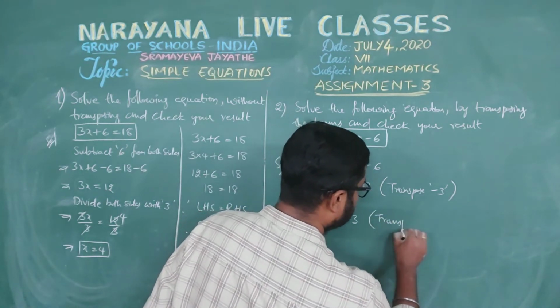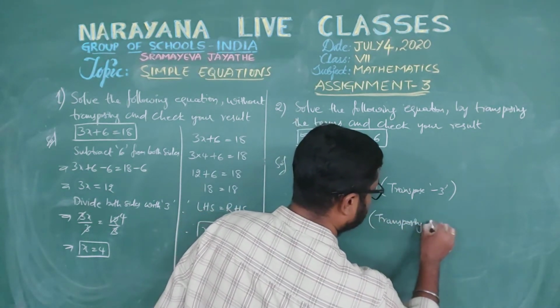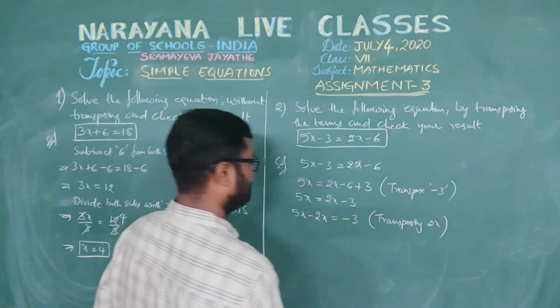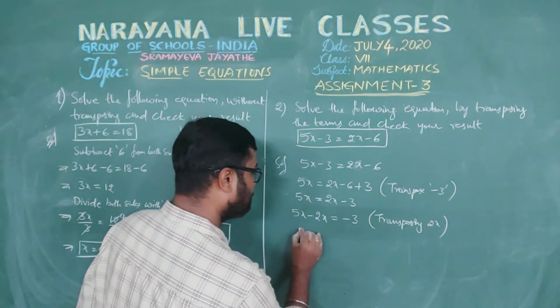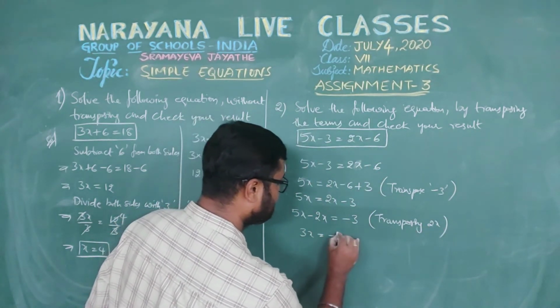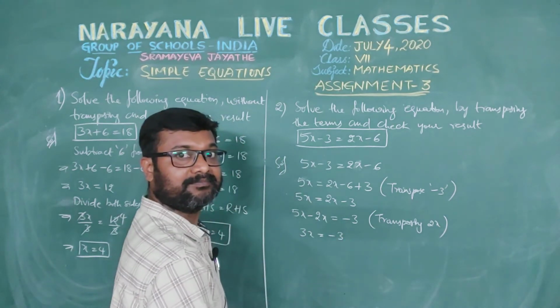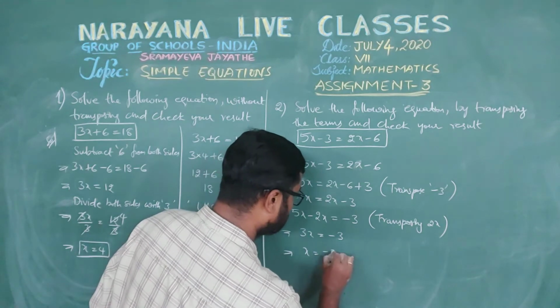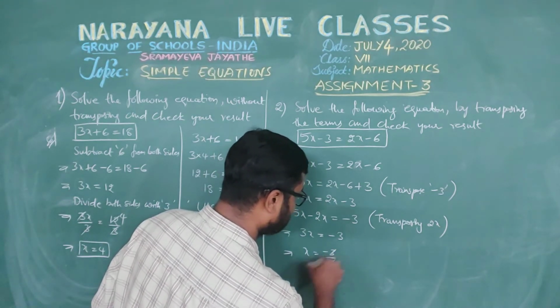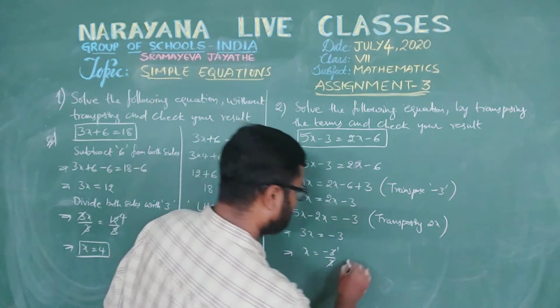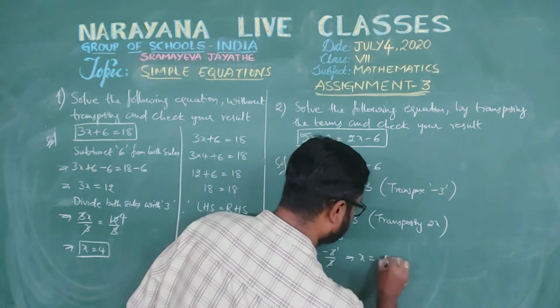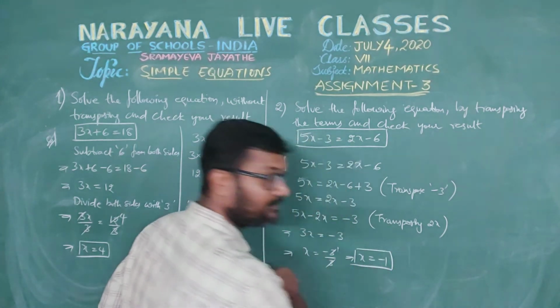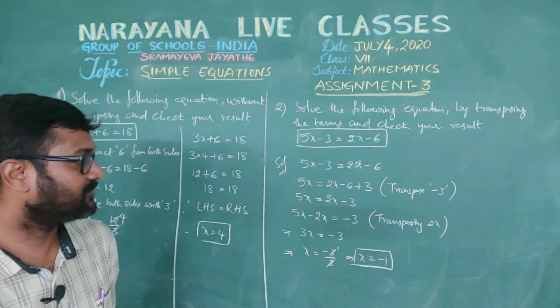Transposing 2x. Now 5x minus 2x is equal to 3x is equal to minus 3, isn't it? Now x is equal to minus 3 by 3, 3 ones are 3. Now x is equal to minus 1.